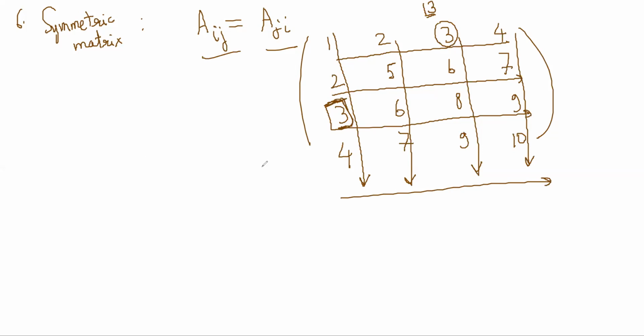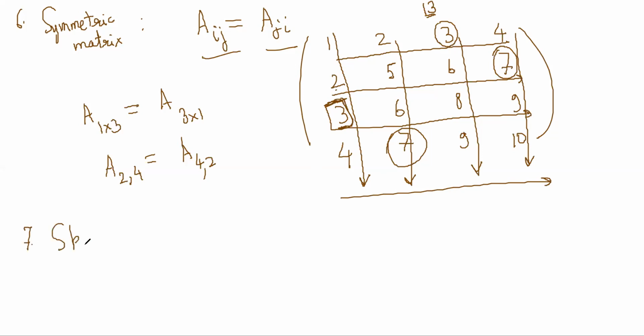The element in the 1 3 position will be the same as the element in 3 1. The element in 2 4 will be the same as the element in 4 2. So 2 4 is what? Second row fourth column, 7, should be the same as fourth row second column, right? That is the meaning of a symmetric matrix.